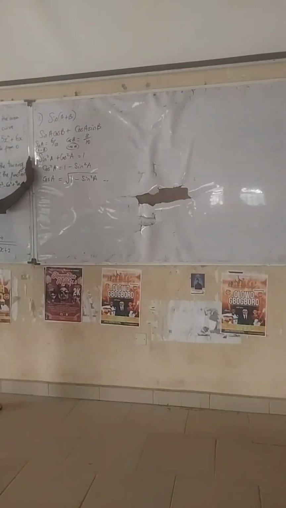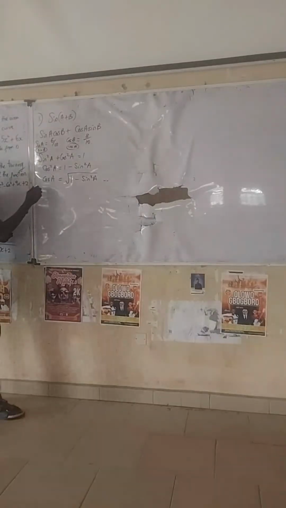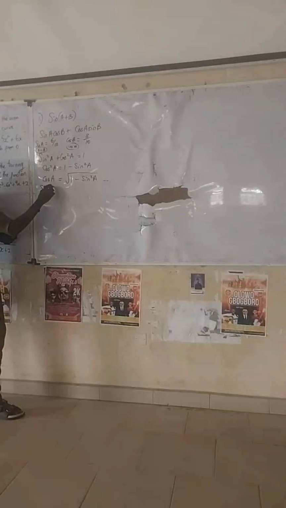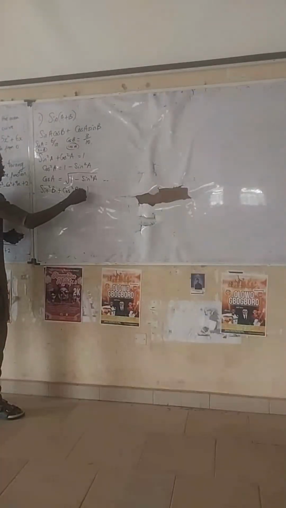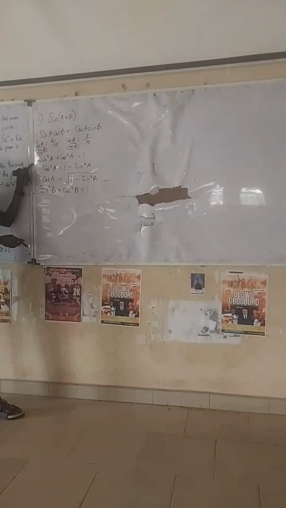Is there any question from this step? If you don't understand, you want to go back again, feel free to ask. So that's for A. Now, if you do the same thing for B, we have sine square B plus cos square B equals 1, the same notion.